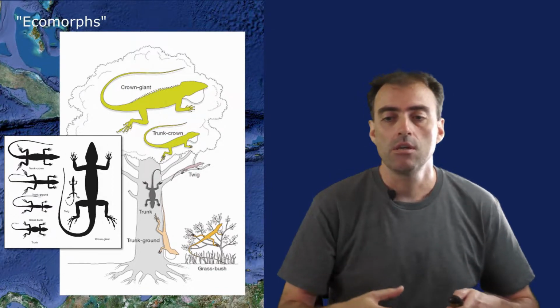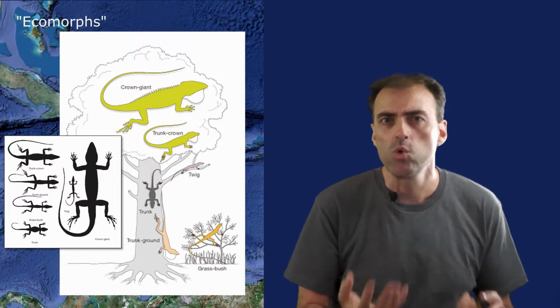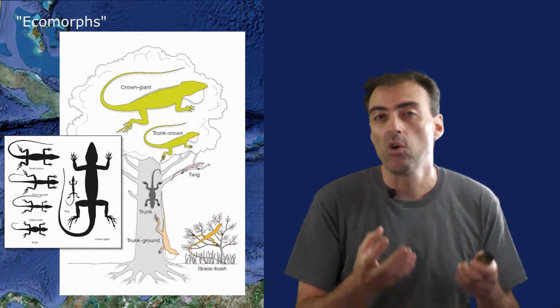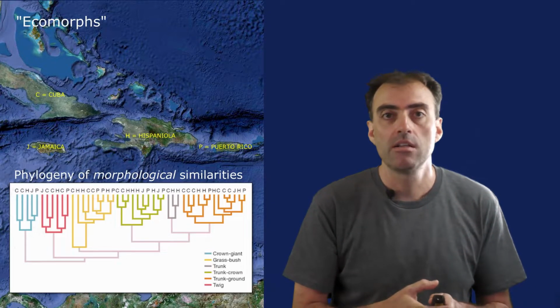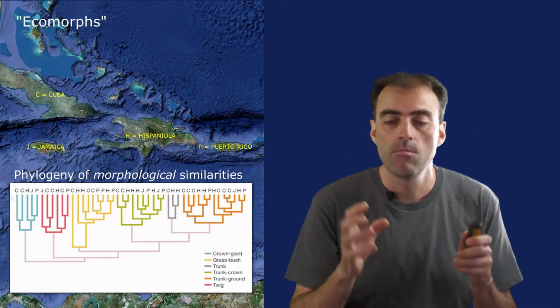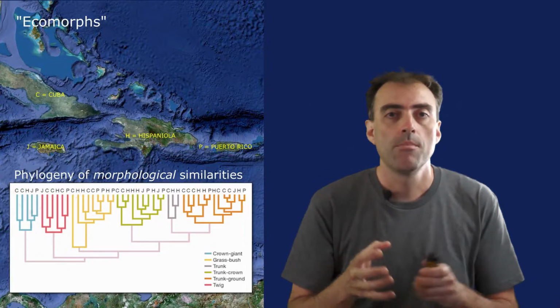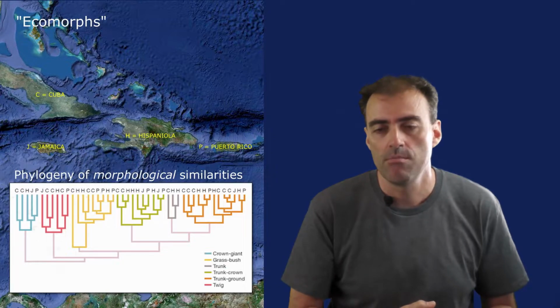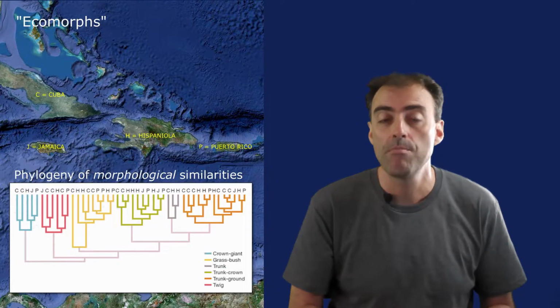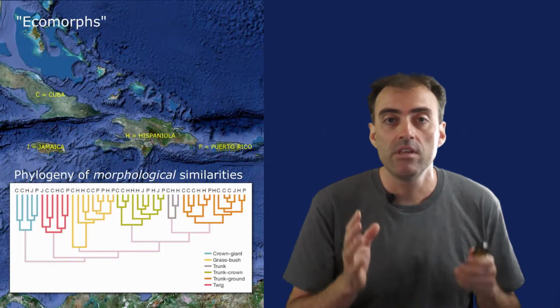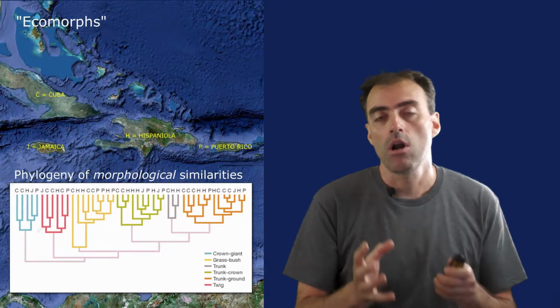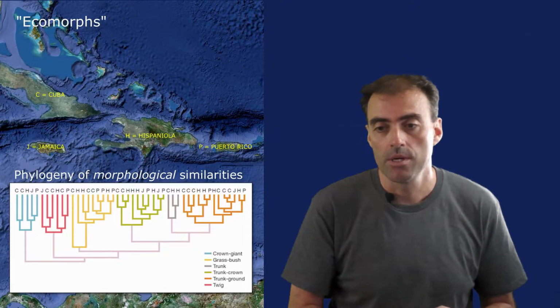And so if we create a phylogeny using very old school methods, going purely on morphology, we find that yes, all these ecomorphs group together because of their similarity in terms of their morphology. There's also similarities in their behavior as well. And these similarities correlate to where they hang out in the environment.